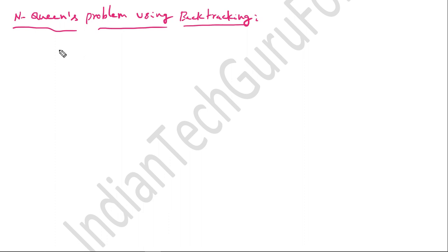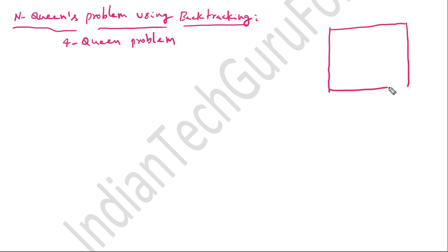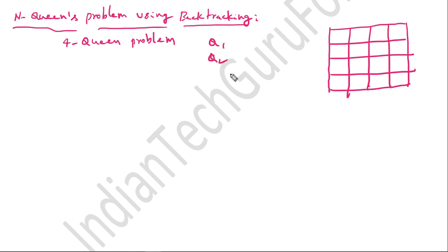So first of all, let me take the four queen problem and try to solve this particular problem. In the four queen problem, let us assume that there are four queens: q1, q2, q3, and q4.